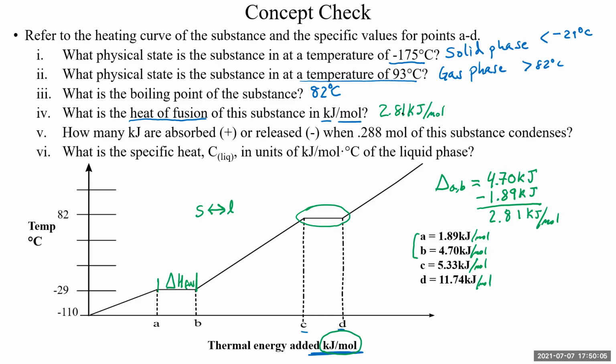That means to go from liquid to solid, we have to remove or subtract. We have a negative 2.81 kilojoules for every 1 mole of substance. If we're going from solid to liquid, then we add 2.81 kilojoules, or 2,810 joules, of energy to every mole of this substance, whatever this substance happens to be.